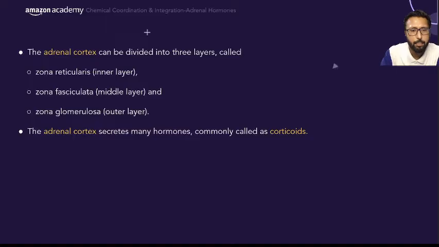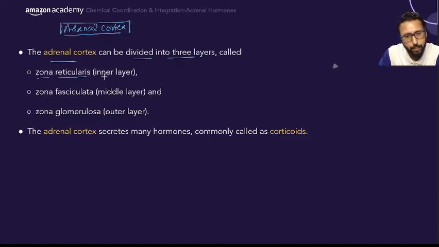Okay, now let's talk about the adrenal cortex. As I've told you earlier, the adrenal cortex is divided into 3 layers: zona reticularis, the innermost layer, zona fasciculata, and zona glomerulosa. Like the hormones of the adrenal medulla are known as catecholamines, hormones of the adrenal cortex are known as corticoids.